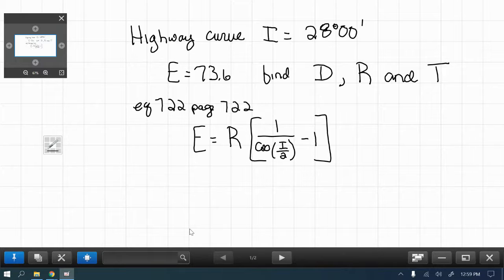They gave us I and they gave us E. We have to solve for D, R, and T. So gave us I. So I'm going to go to equation, right. Put the page number. Page 722.